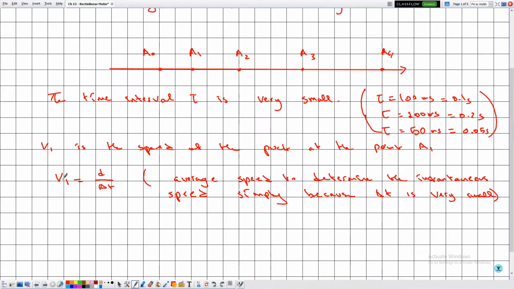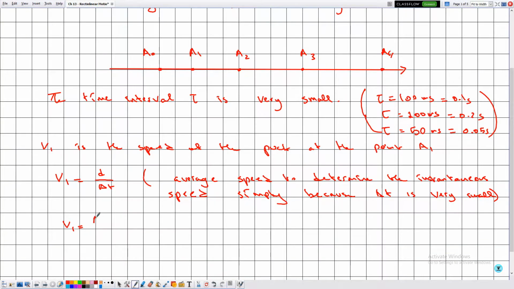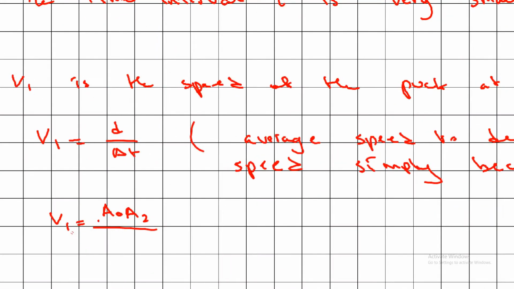So in this case, what does V1 represent? It's the speed of the puck at the point A1. And in order to calculate V1, since we are calculating the speed at this point, it will be the distance around this point, which is A0, A1, sorry, A2. So what does A0A2 represent?